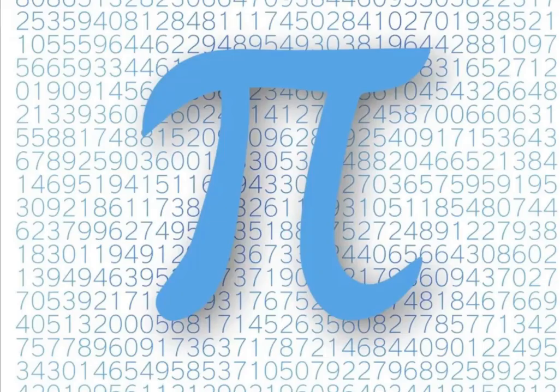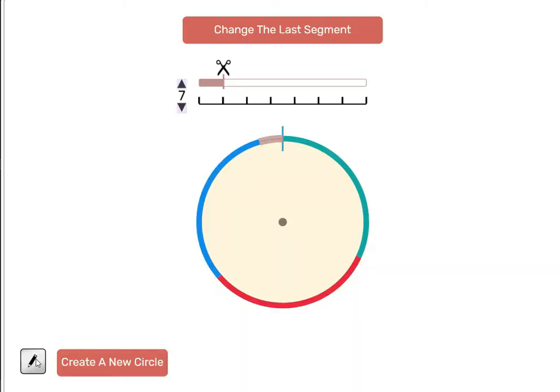Now we can introduce pi. So let's click the pen and write pi. The diameter fits in the circumference pi times, which is about 3 1/7.